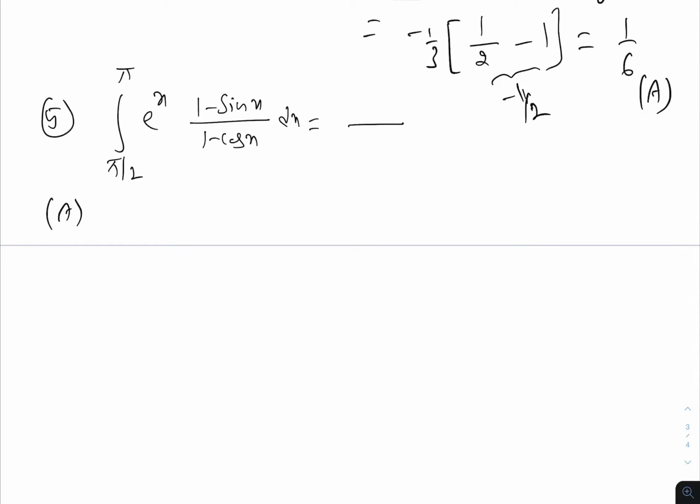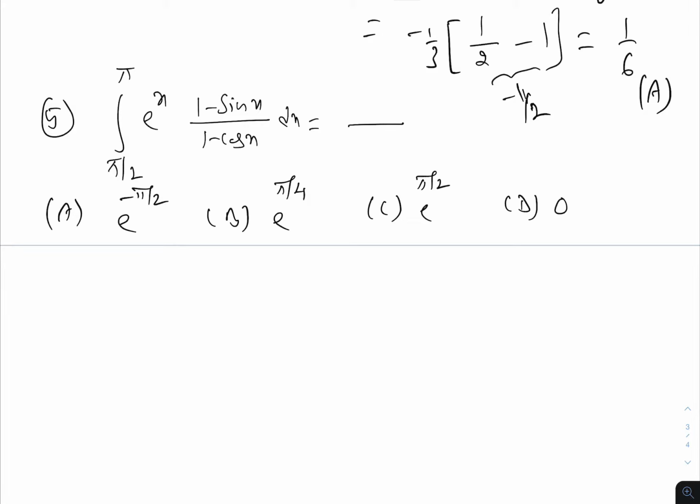Options are e power minus pi by 2, e power pi by 4, e power pi by 2, and 0.